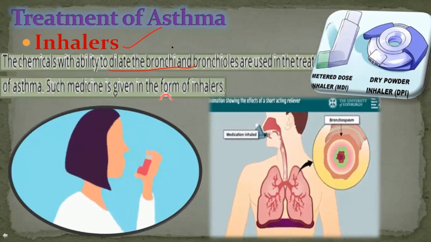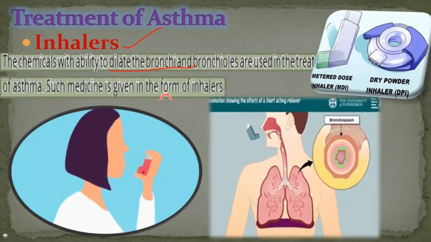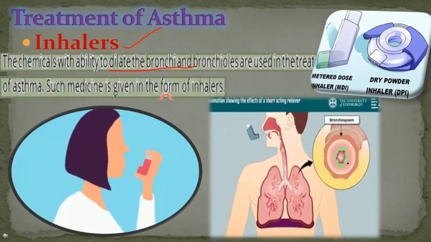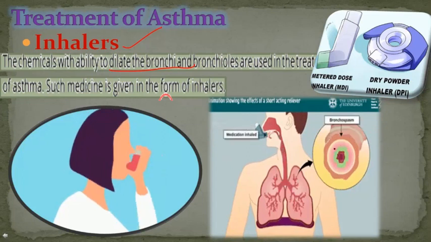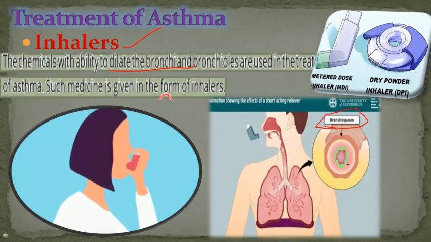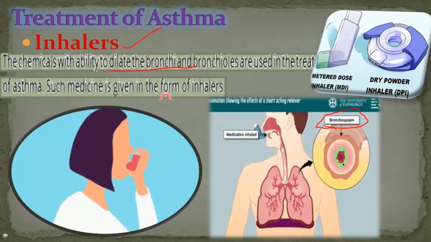Such types of medicines and chemicals are given to the patients when they inhale them like this with these inhalers. So what happens, you can see, the mist or drops are going into the airways, and from here you can see sudden effects and sudden results. A bronchospasm, like an attack of asthma, is temporarily cured, this inflammation goes away, and the air passageway becomes open.